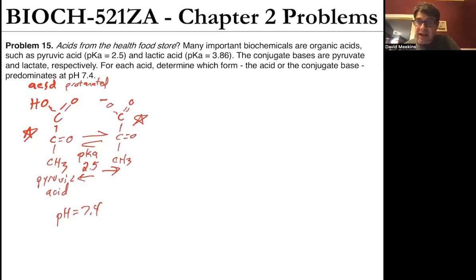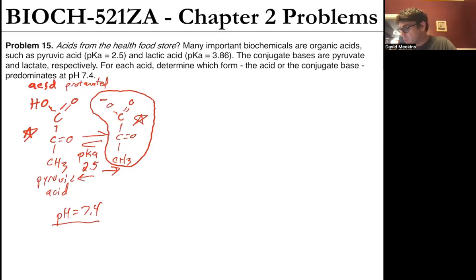You could use the Henderson-Hasselbalch equation for this, but you really don't need to, because it's really important that you realize that above that pKa, so at pH 7.4, the deprotonated form is going to predominate. It's also a really good check on problems that do require the Henderson-Hasselbalch equation.